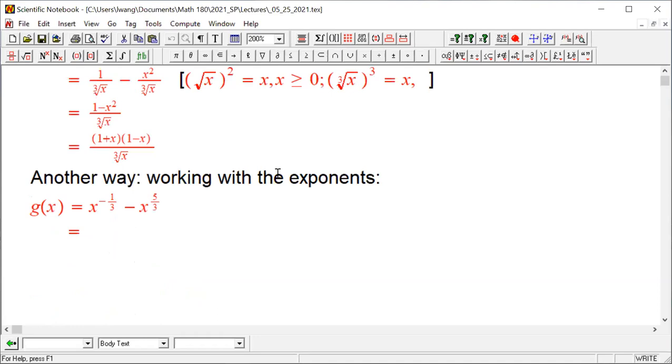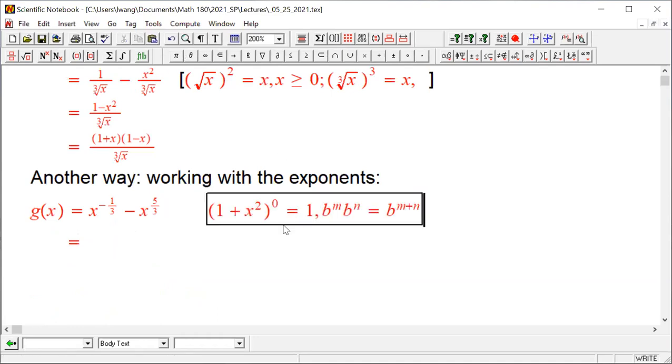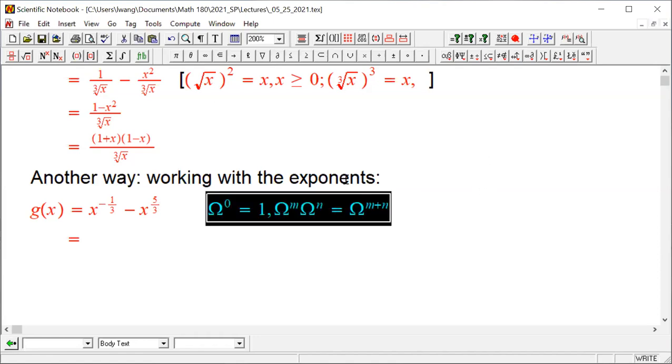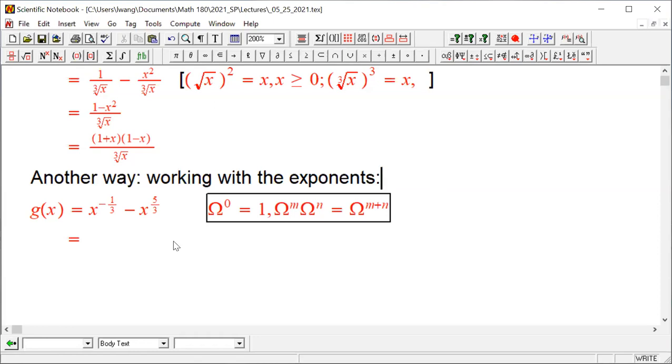You could put an omega there, or whatever. It's a pretty basic tool. So you factor this piece out.